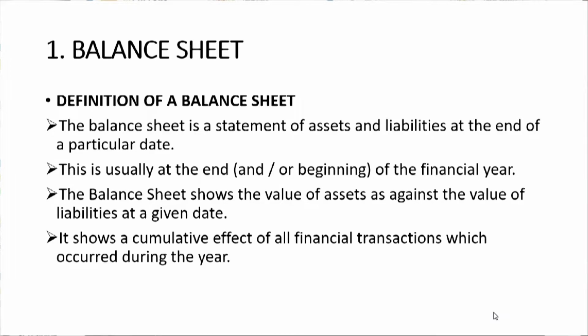The balance sheet shows the value of assets as against the value of liabilities at a given date. It shows a cumulative effect of all financial transactions which occurred during the year.